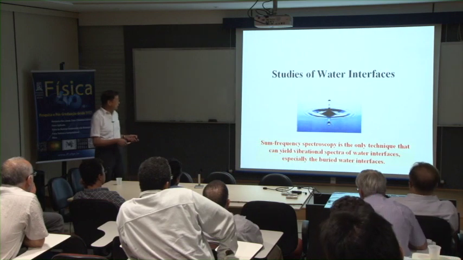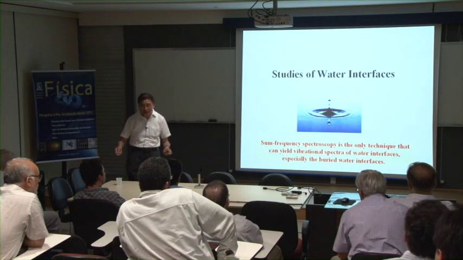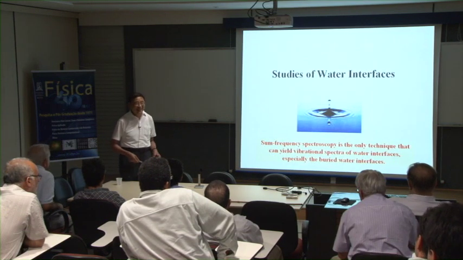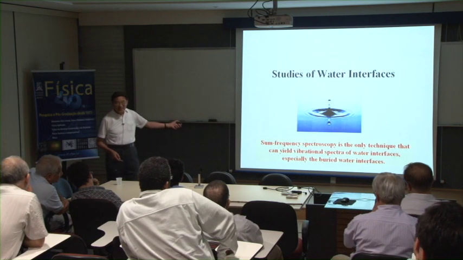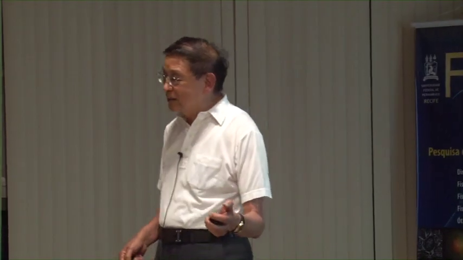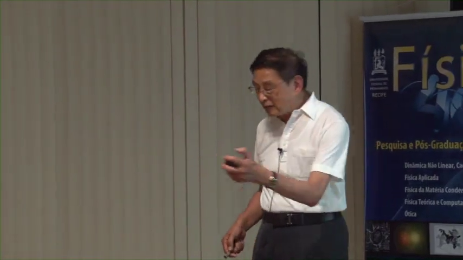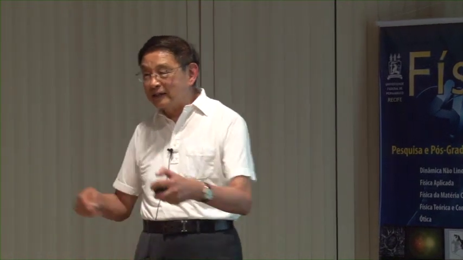And water is another case. We know water is extremely important, but not in Brazil. In third world countries, water is going to cause disaster much earlier than the energy problems. Millions of people will die after 20 years, according to the UN survey.